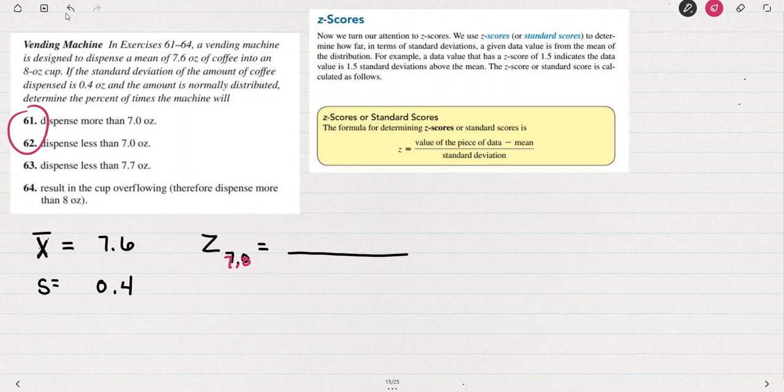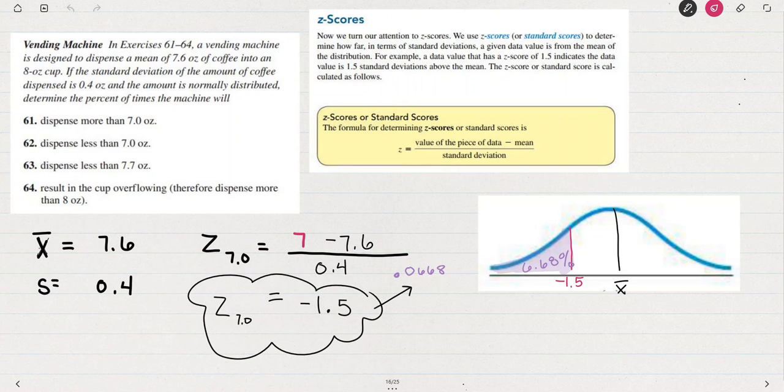The z-score for 7.0 can be found by subtracting 7.0 minus 7.6, divided by 4/10, because our x is 7, the mean is 7 6/10, and the standard deviation is 4/10. Notice that when I calculate that z-score, I get negative 1 5/10, negative 1.5.